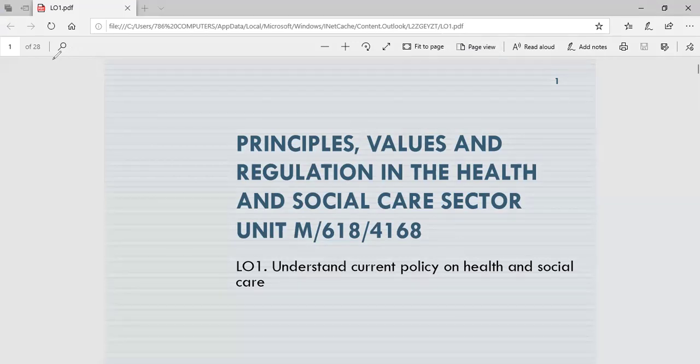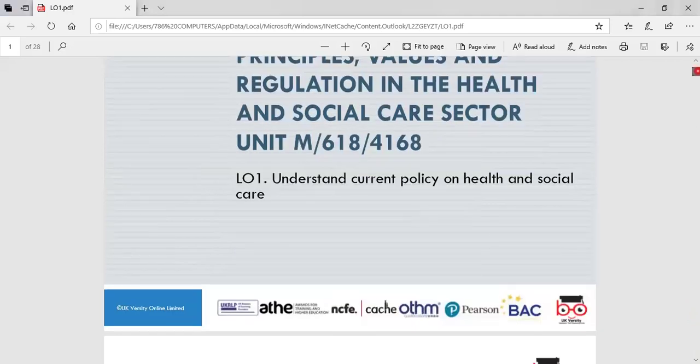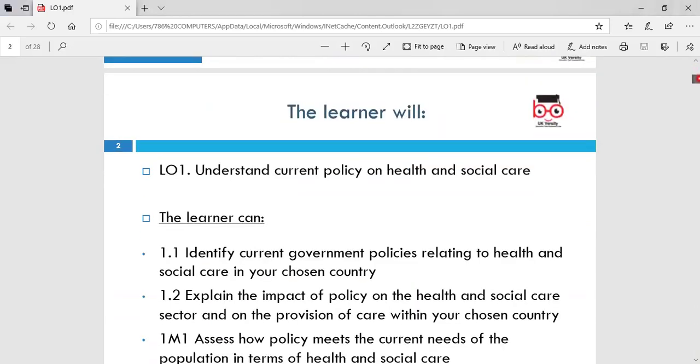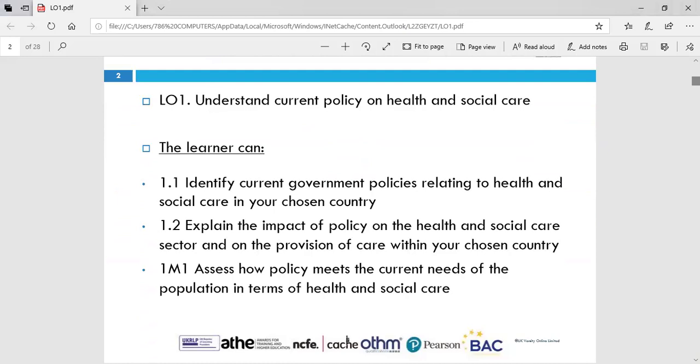So basically, we are going to focus on the current policy on health and social care. Now keep focusing on your assignment. We're talking about policy, so you're going to work on policy within your chosen country, and it has to be health and social care related. What the learning objectives cover is to understand the current policy on health and social care.